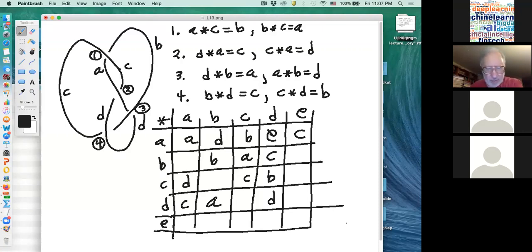What about over here? B times A. It can't be A or B or C or D. A, B, C, D. So it has to be E. So there's E. But now we have E, B, A, C, and this will have to be D. And we have E, C, B, D, so this will have to be A.